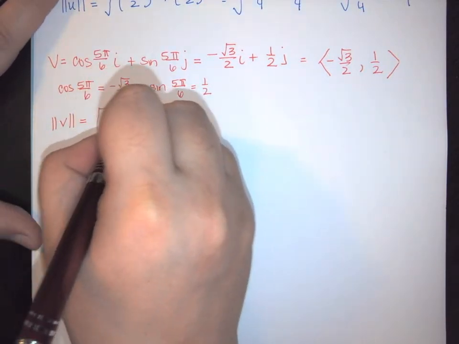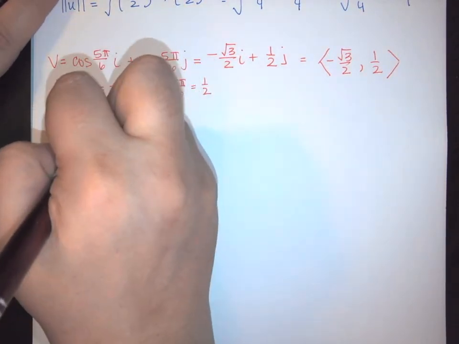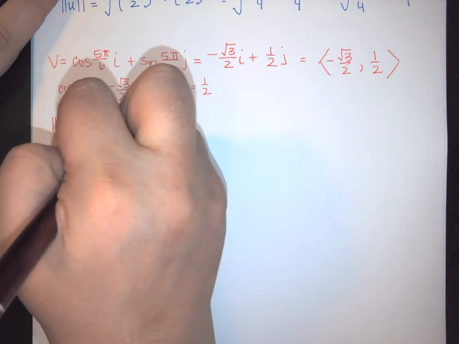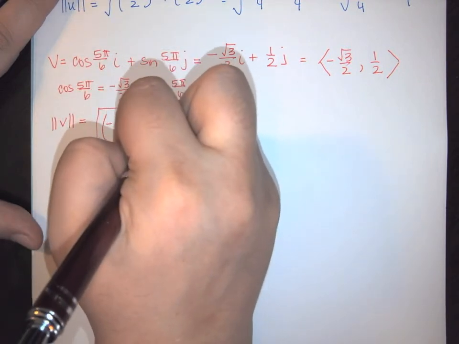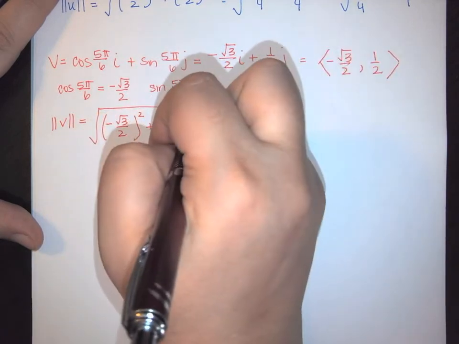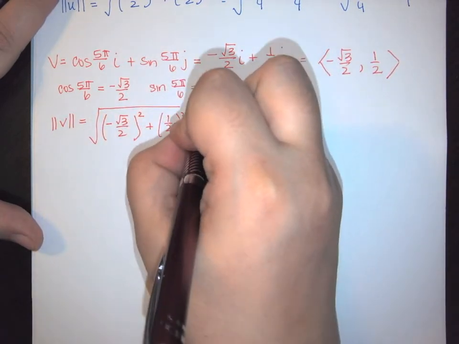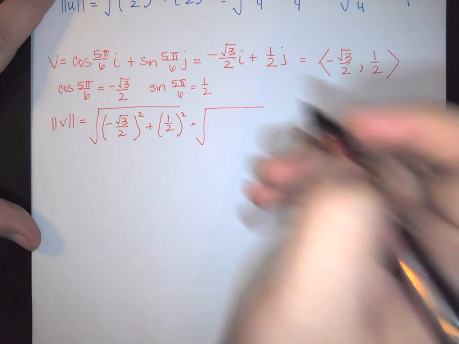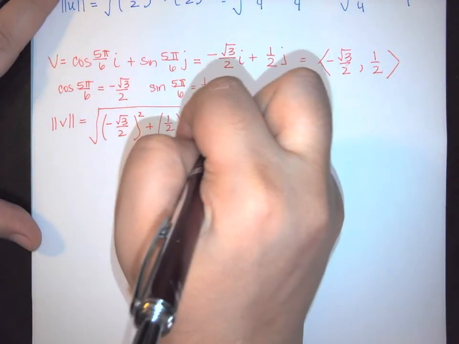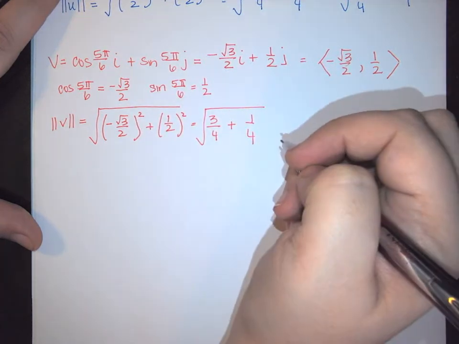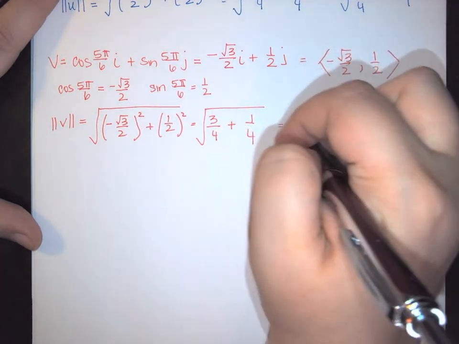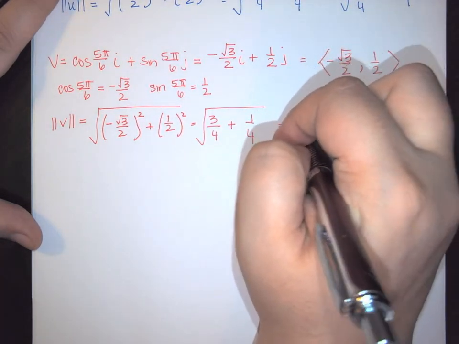So I have negative square root of 3 over 2, square it, plus my 1/2, square it. When I do that, I'm going to end up with 3 over 4 plus 1 over 4, which again is going to give me the square root of 4 over 4, which is 1.